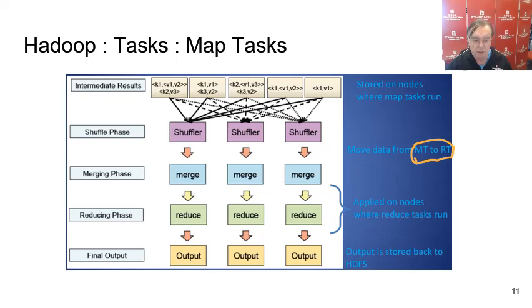This goes to a shuffler and a merge, which are basically preparing these key value pairs in ordered fashion so that they can be efficiently reduced by the reduce tasks. And then those reduce tasks store everything on HDFS. These things up here are also stored on HDFS. They're the results of the map tasks.